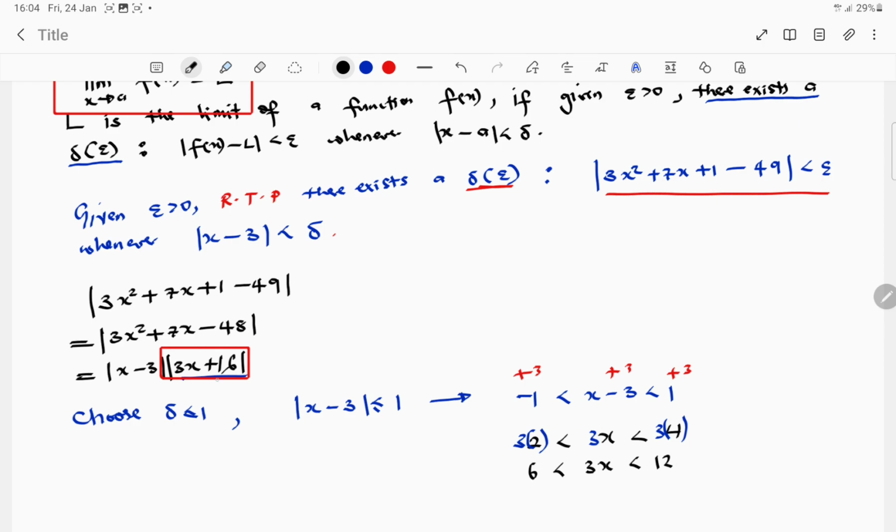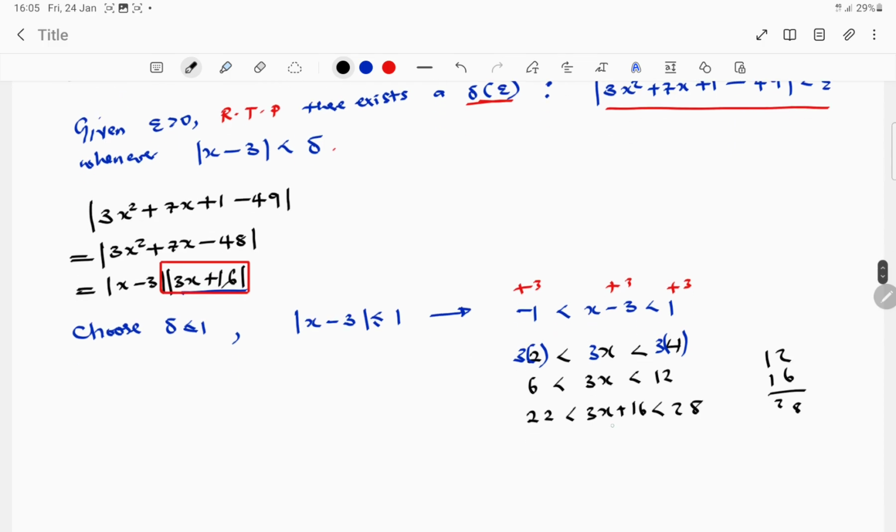Then we add 16 on all sides. So 6 plus 16 gives 22, and 12 plus 16 gives 28. Then we now have the bound for 3x plus 16.